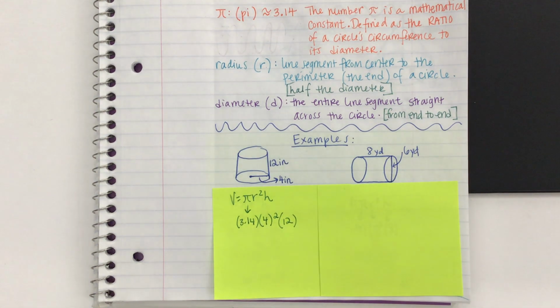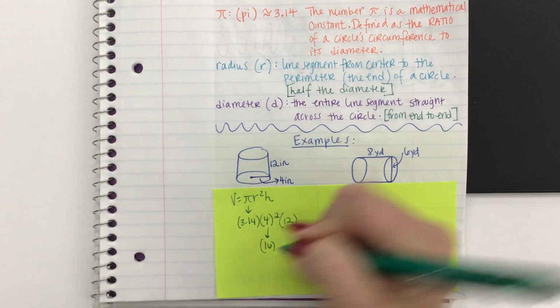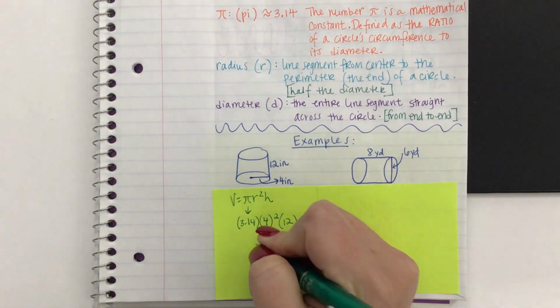Now that I have everything filled in, the first thing I need to do is, I know that before multiplication, I have to get rid of the exponent. So the exponent is 4 squared. That's not 4 times 2, that's 4 times itself. So 4 times 4 is indeed 16. And then I just write everything I didn't use.